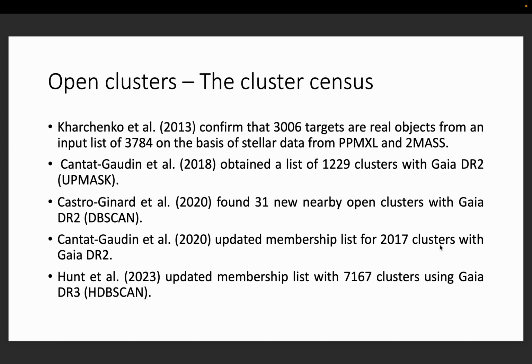For example, Cantat-Gaudin in 2019, Castro-Ginard, again Cantat-Gaudin, and the last one is Hunt, who updated the membership list for many open clusters and globular clusters using Gaia DR3. Many of these works use different algorithms to see the performance of the algorithm in obtaining stars.